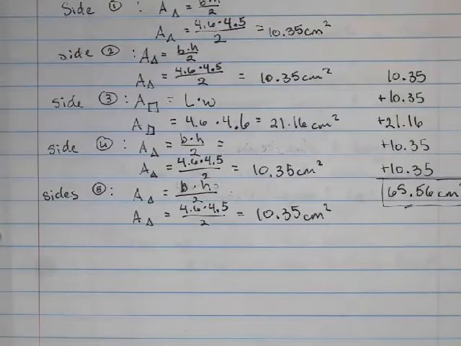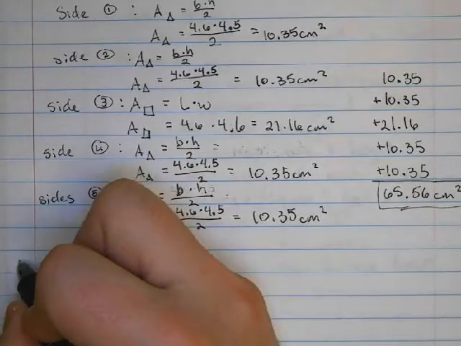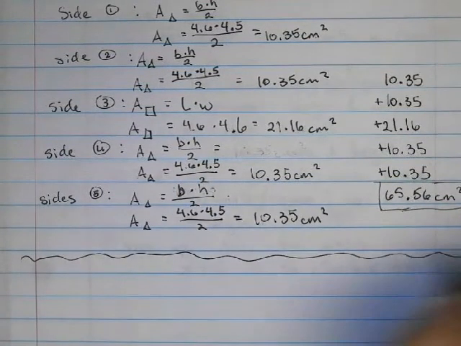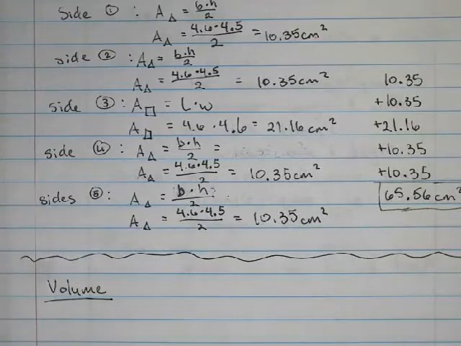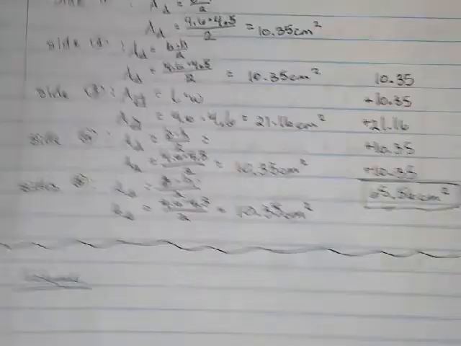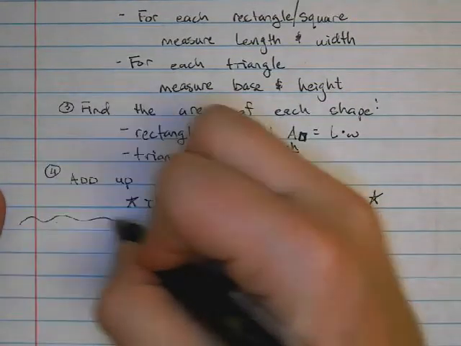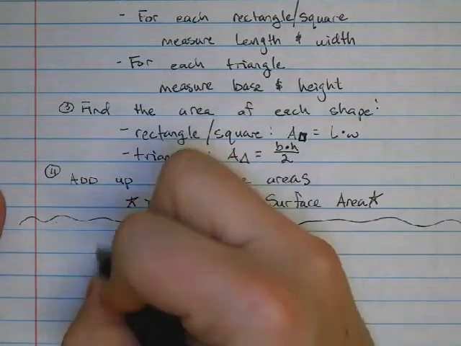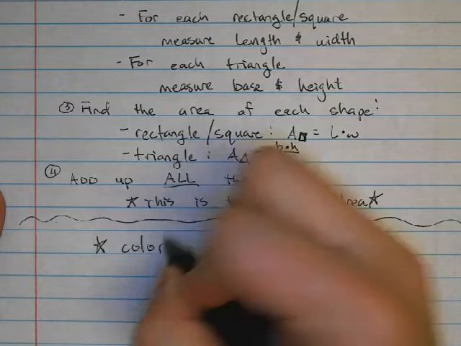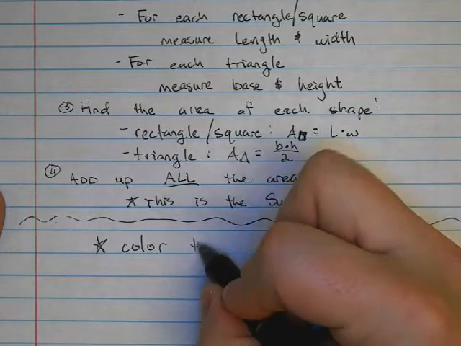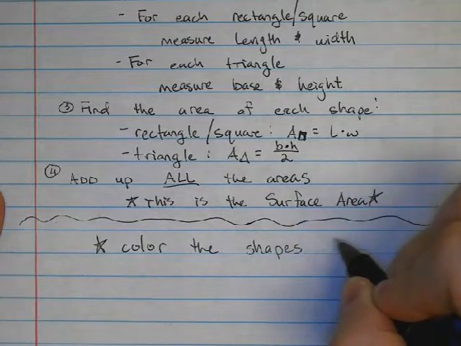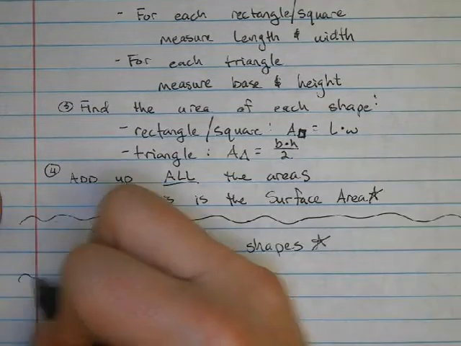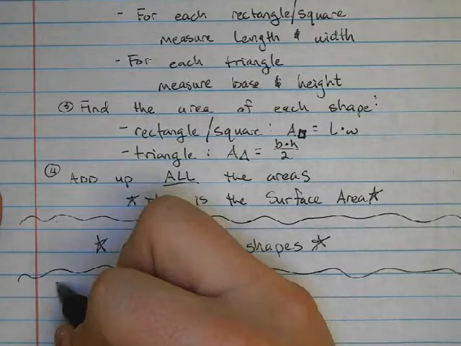Okay, now it's time to color, so let's put a break in our assignment, and the next thing we'll be doing is volume. But on our notes page, it's time to color, so we can put our break, color shapes, put a break, and the next thing we'll do is volume.